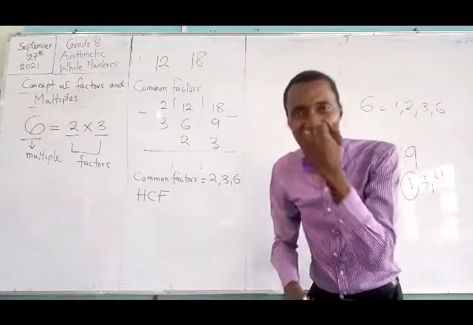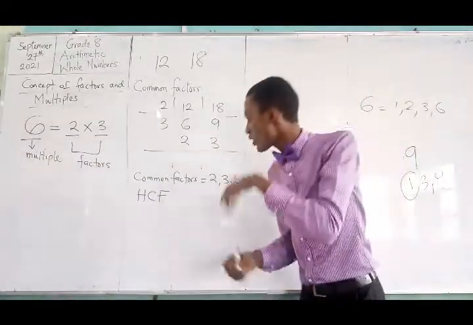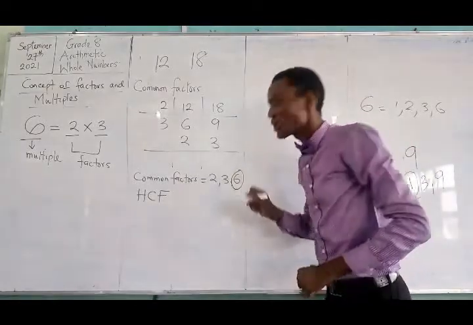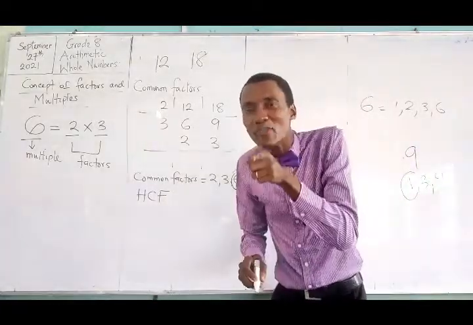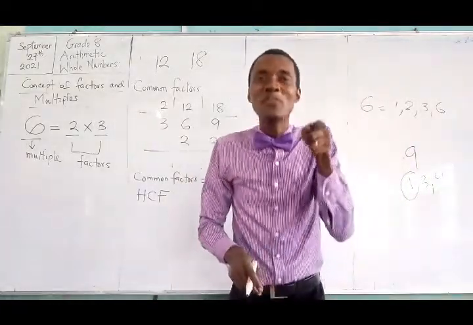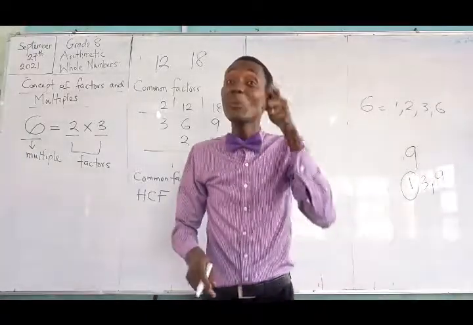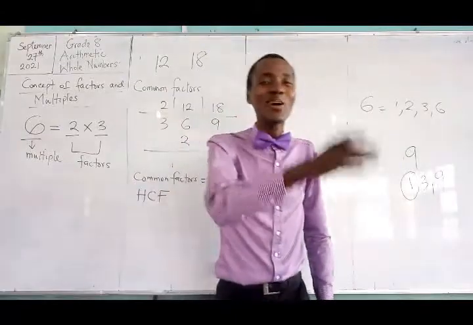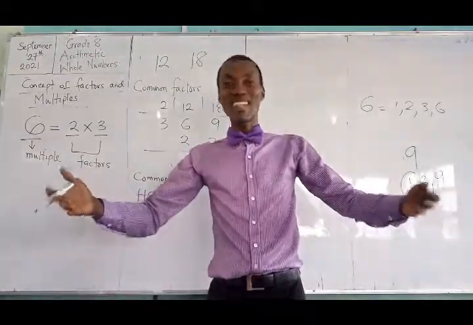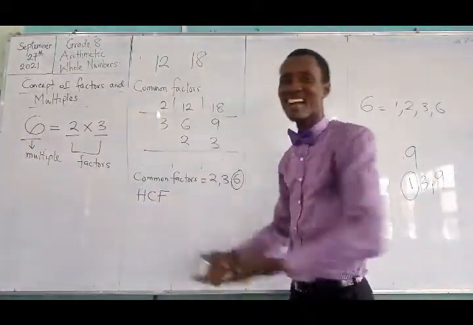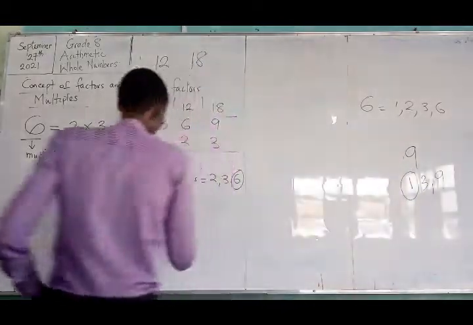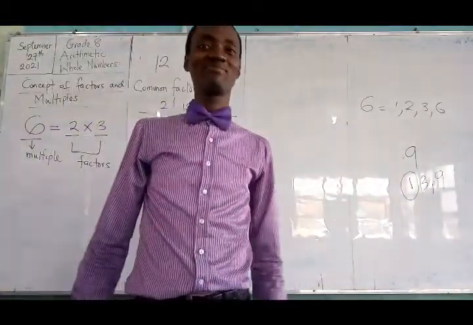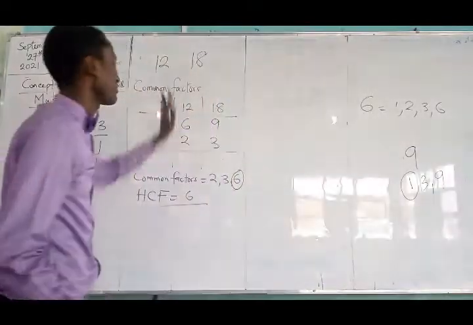And if you have eyes, you will discover that number is what? 6. So that's why the HCF is obtained first by knowing that there is something called common factors. And amongst the common factors, there must be an equal, and that equal is what? 6. As simple as that. And that settles that. It's that simple.